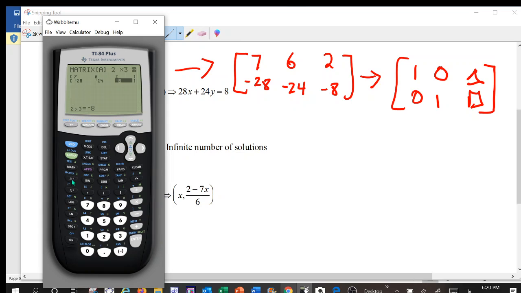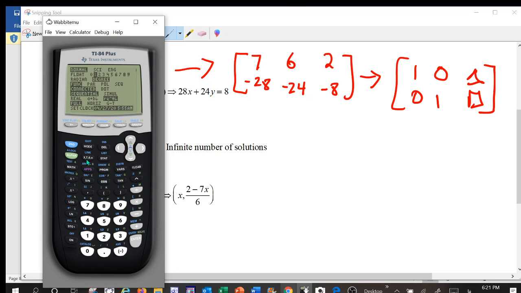Now we're going to go back to, first you have to quit, make sure you're in the home screen, and then go to matrix and math, RREF, matrix A, enter.